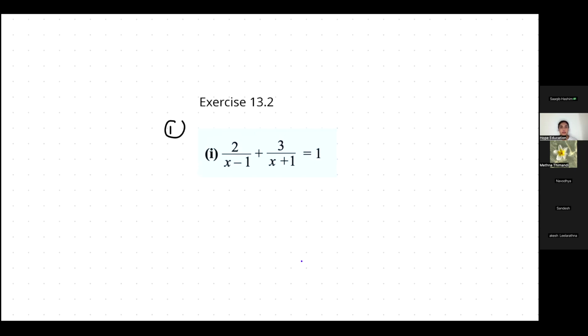I'll set a timer here. Strictly stick to the time and do it quickly. Make it fast. Make it faster.